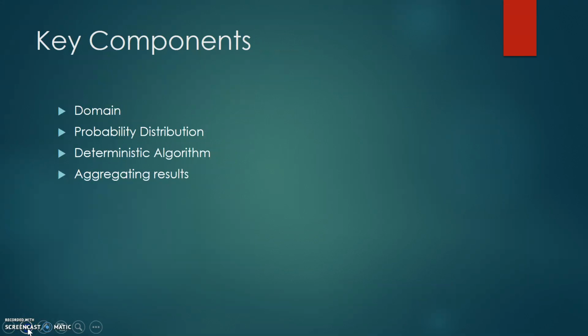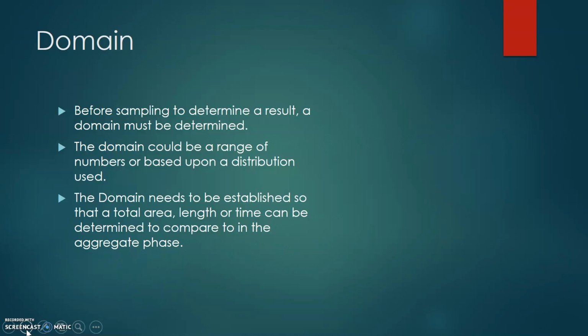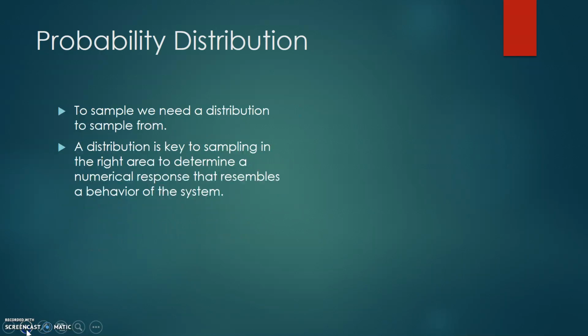So moving on, we're going to be talking about the key components in Monte Carlo, which are domain, probability distributions, deterministic algorithm, and aggregating the results. So for the domain in Monte Carlo, before you set up your problem, you have to figure out what domain we are speaking about. A lot of times we talk about the total area under a curve, and you need to decide if this is from 0 to infinity, negative infinity to infinity, from 0 to 5, etc. You have to set up the domain.